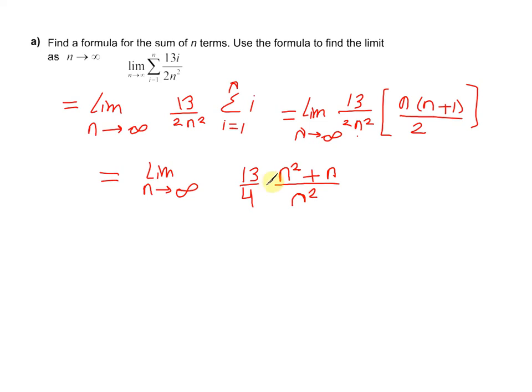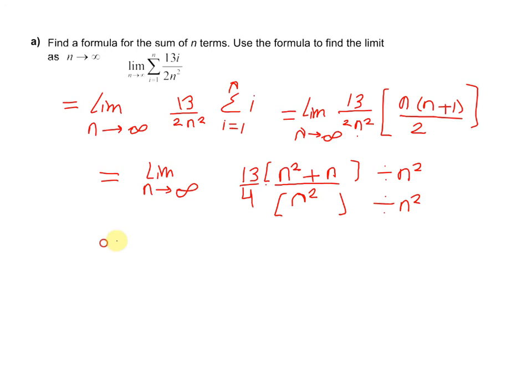Now, if I want to find this limit as n approaches infinity, like any other rational function, we should divide by n to the highest power up and down. So let me divide this term by n squared and this term by n squared.